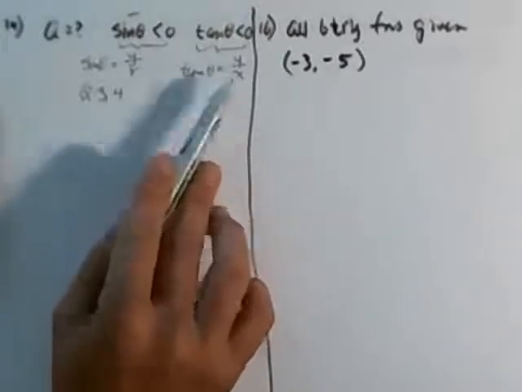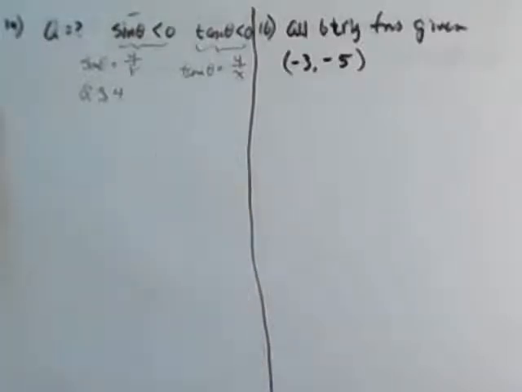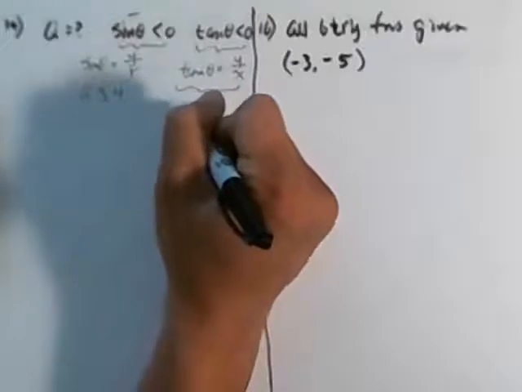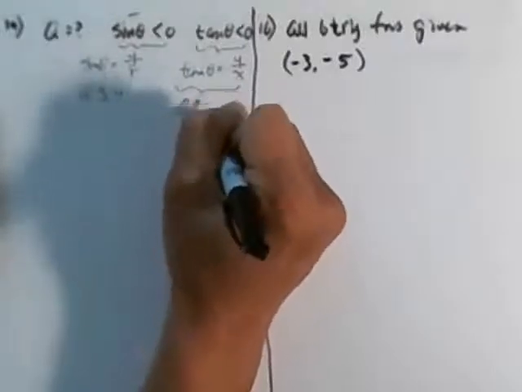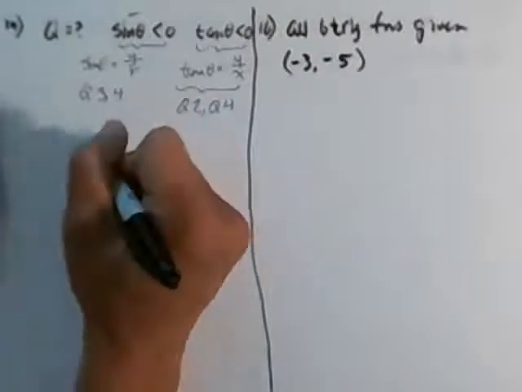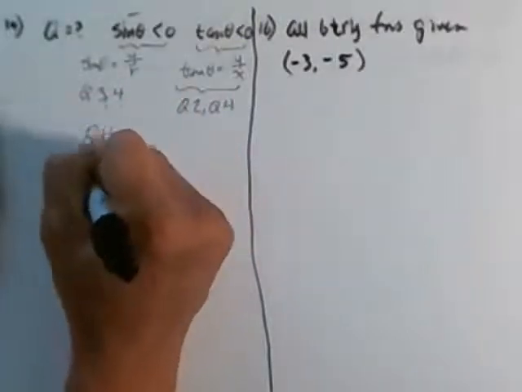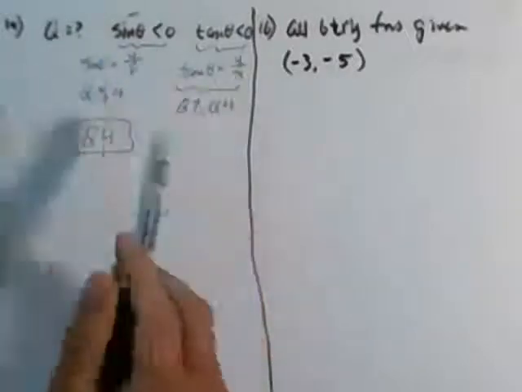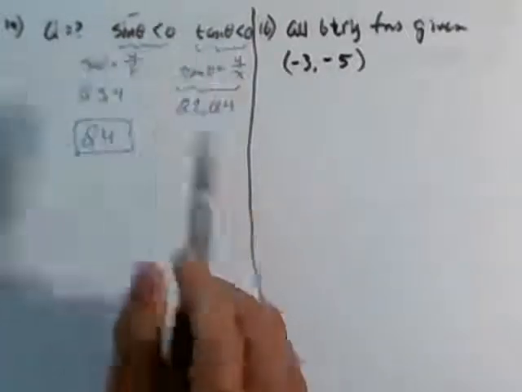So one of them has to be positive and one has to be negative, and if you think about that, it's going to be quadrant 2 and quadrant 4. So where do they both lie? It's going to be in quadrant 4. I'm sure he'll give you something like this on a test with sines or cosines or tangents, whatever.